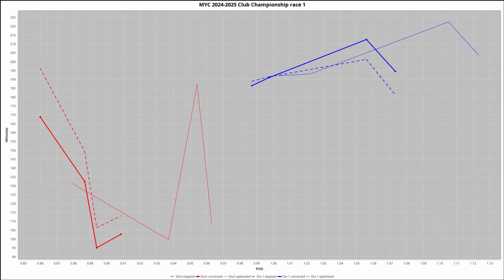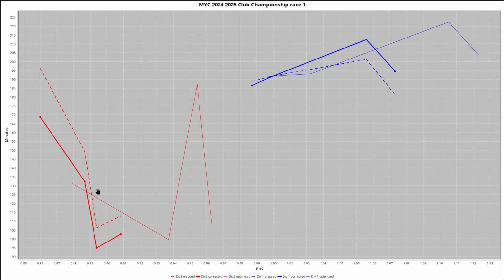So for these next charts, I'm looking at each individual race to see how the handicap did at reflecting what happened on the water. There are 3 sets of numbers plotted here, and I have to say for the club champs, the plots don't really look like they should.